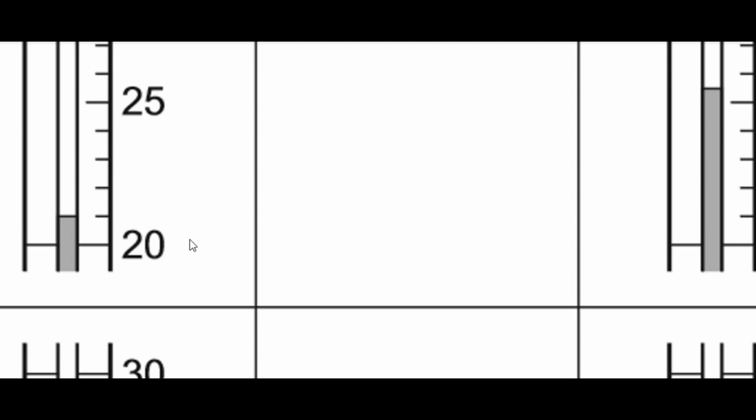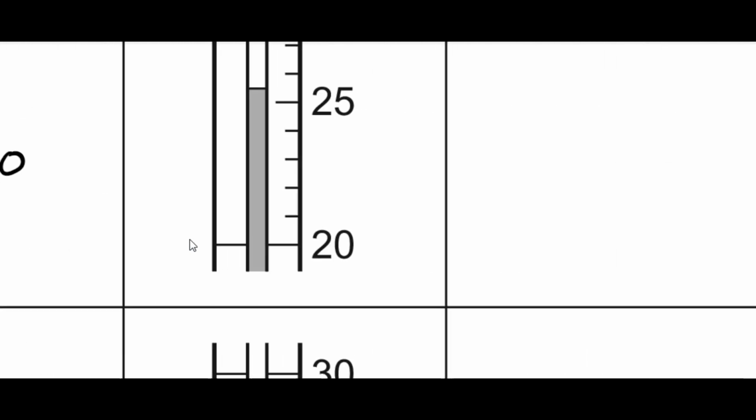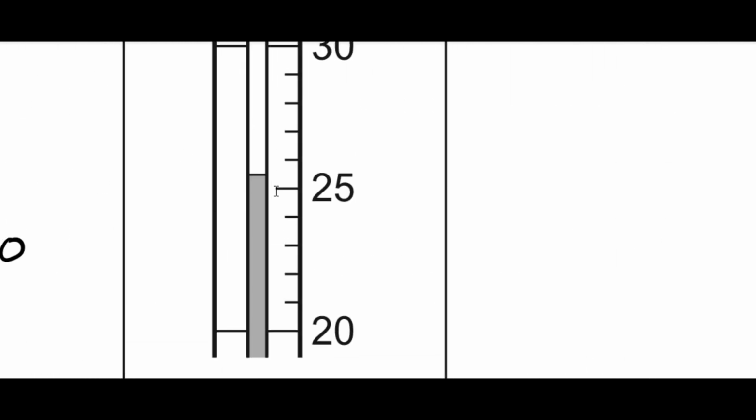It is 21 actually, but whenever you are writing the temperature, you need to write it as 21.0 instead of just writing 21. This temperature is above 25 Celsius, but less than 26, as it is between them, so it would be 25.5 Celsius.